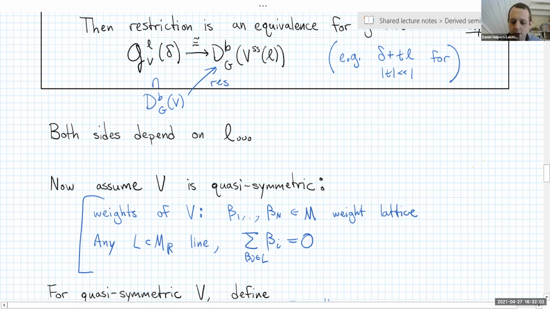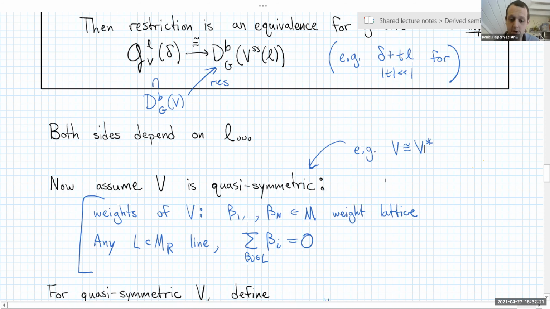Examples: the only one that is going to be relevant here is self-dual, so V is isomorphic to V dual, although it's more general than that. Although it's kind of a strange thing.